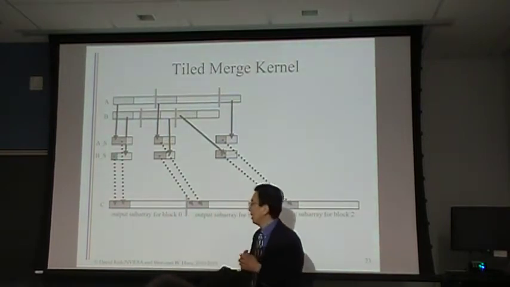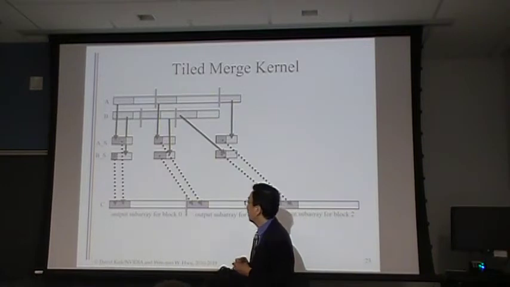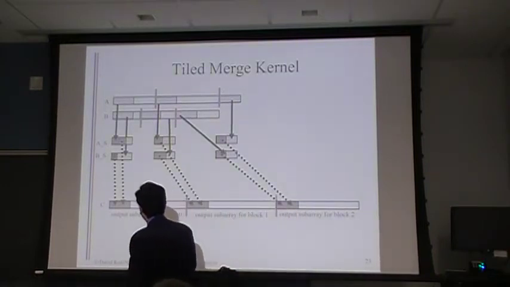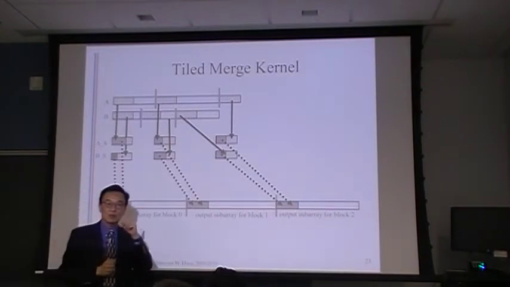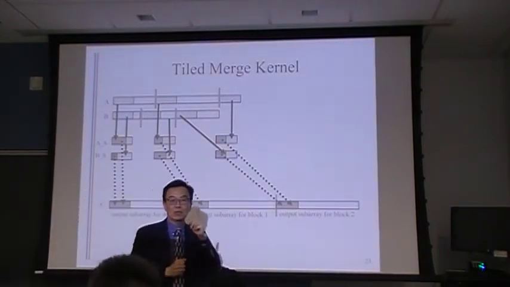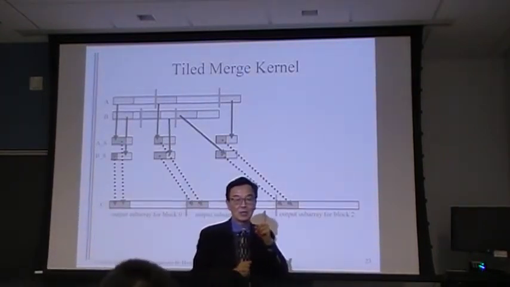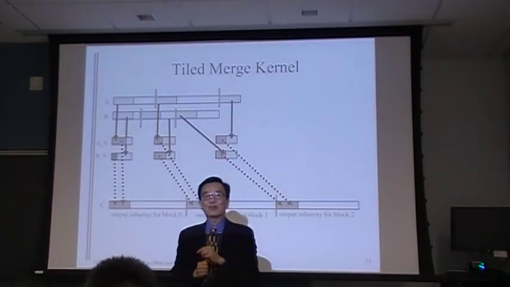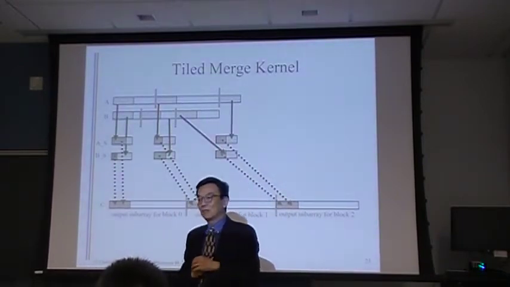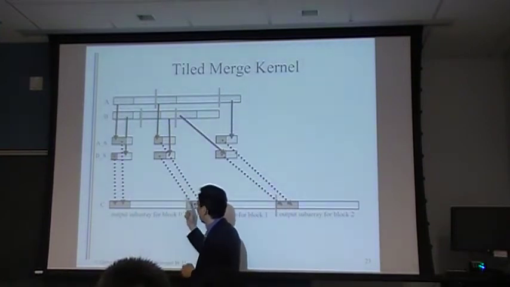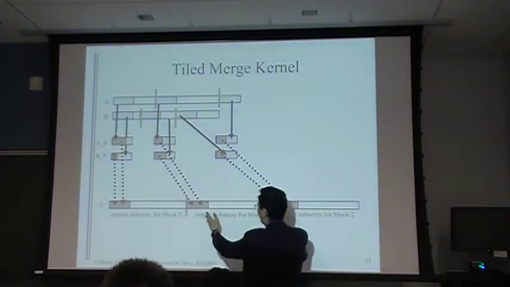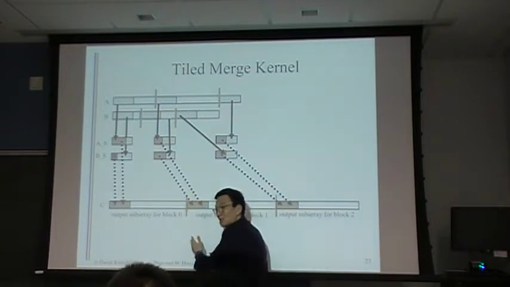Now, at the beginning of the algorithm, we're going to have one representative thread in each thread block do the co-rank function. But the co-rank function is going to be based on the current section and the previous section.